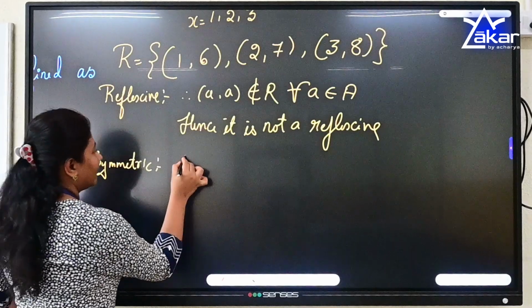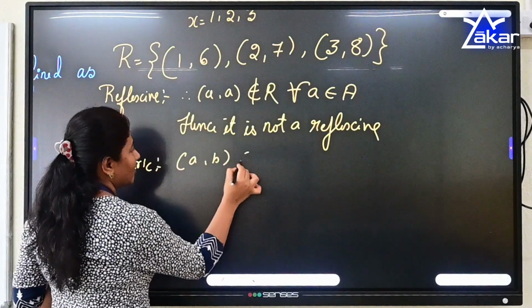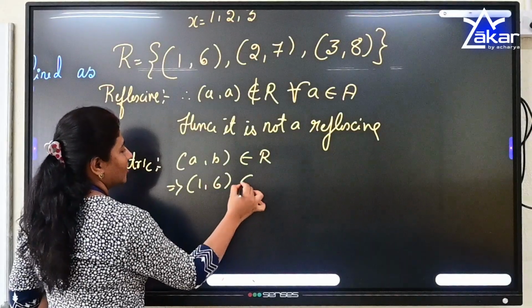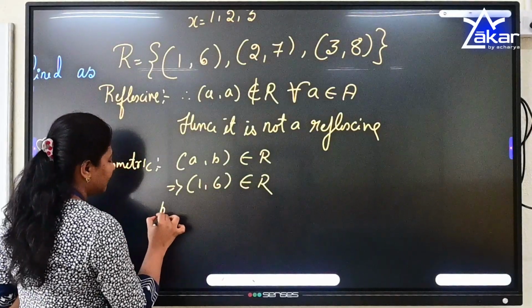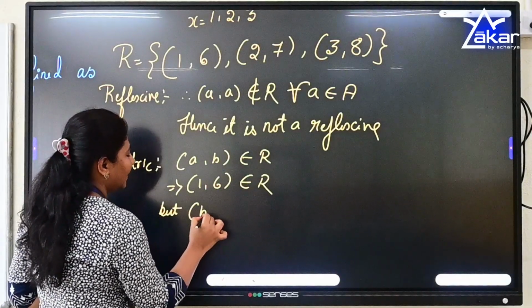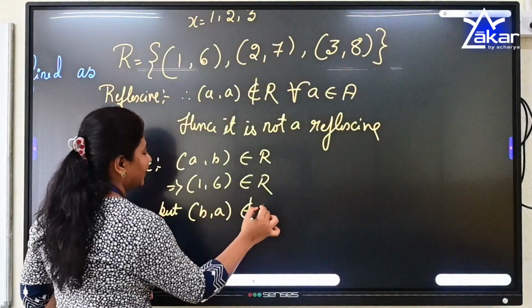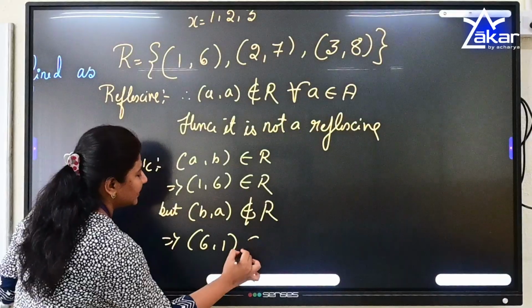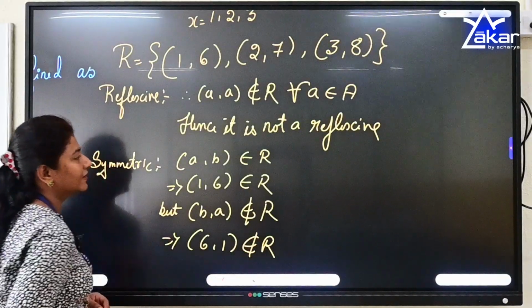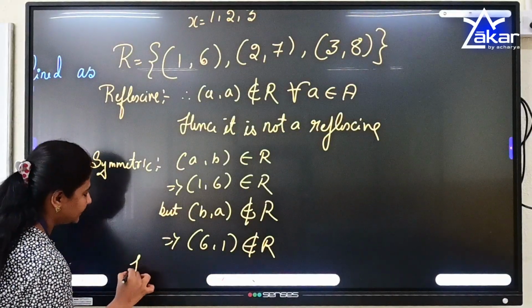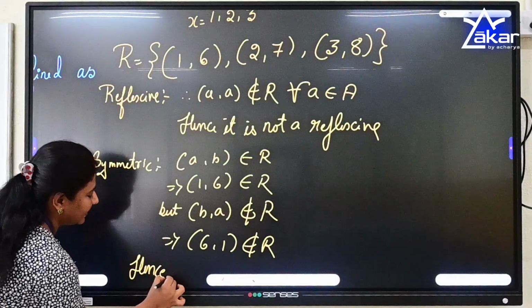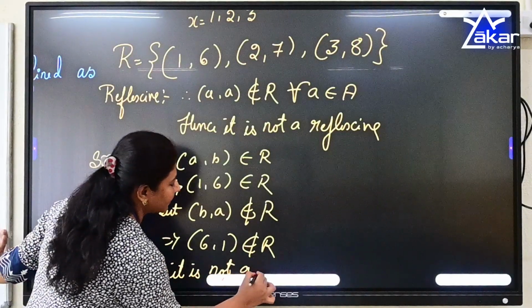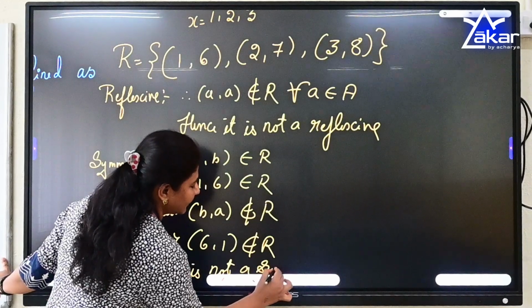No. So therefore a comma b belongs to R, this implies 1 comma 6 belongs to R, but b comma a does not belong to R. So this means 6 comma 1 is not belonging to R. Hence it is not symmetric.